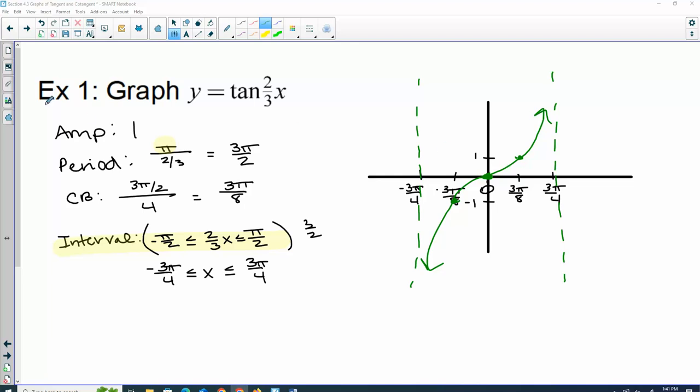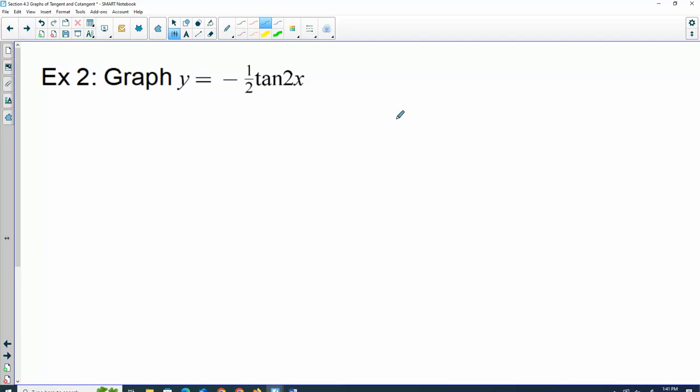We're just going to keep practicing. If I said negative 1/2 tangent 2x, what does a negative in front do to our graph? Flip it. So amplitude, the number out in front, is just 1/2.